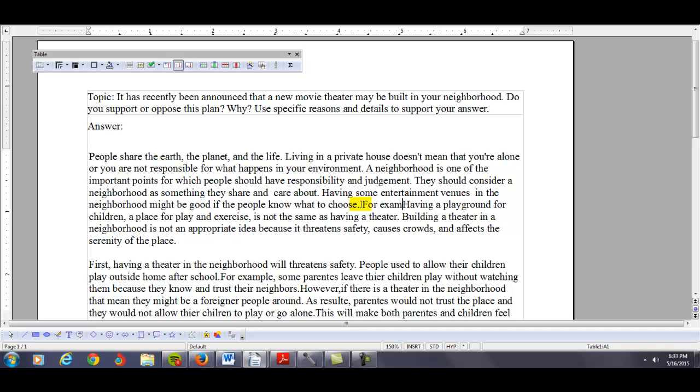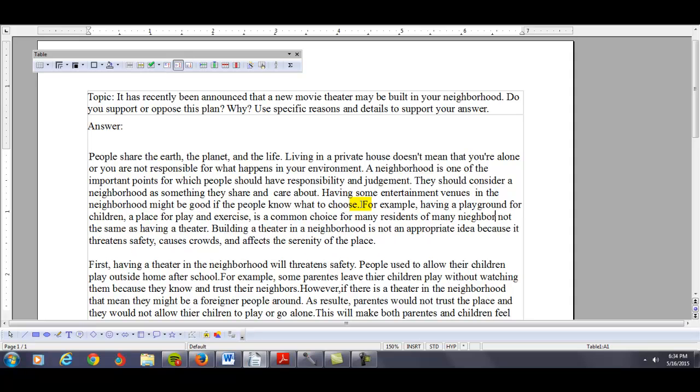You might say, for example, having a playground for children, then we might say this.